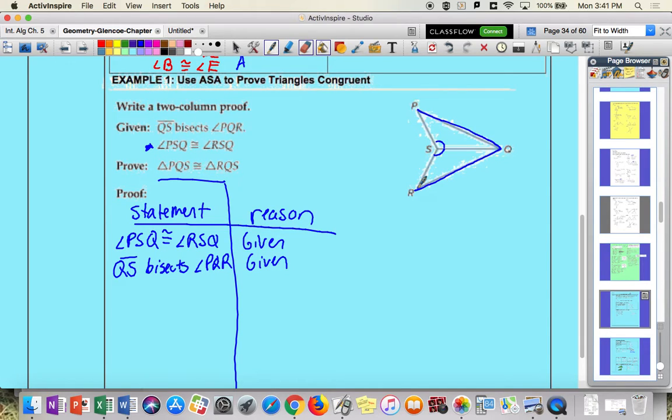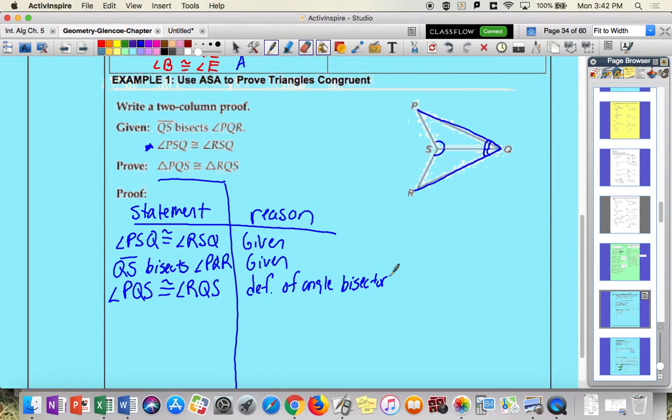So this segment is an angle bisector, and it splits that angle into 2 congruent parts. Because of that, we know that these 2 angles are congruent to each other. So we can say angle PQS in the top triangle is congruent to angle RQS in the second triangle, by the definition of angle bisector.